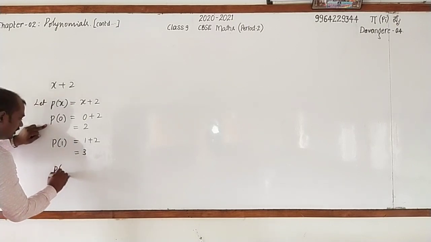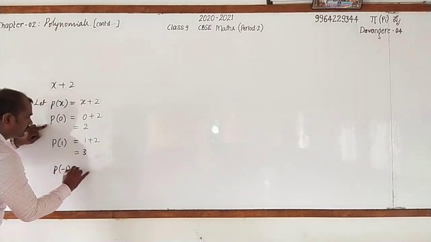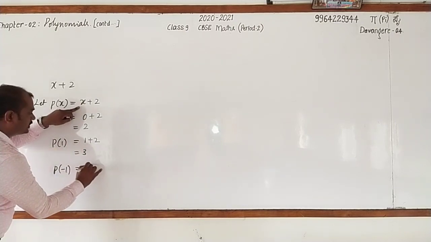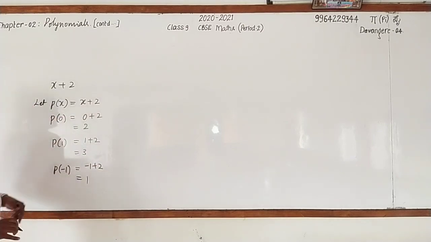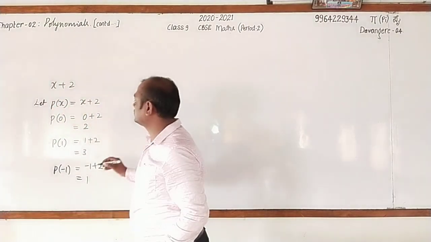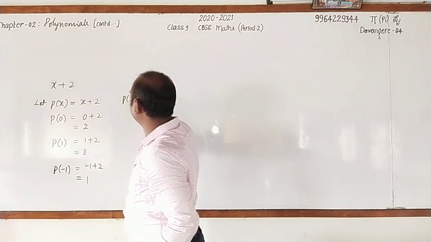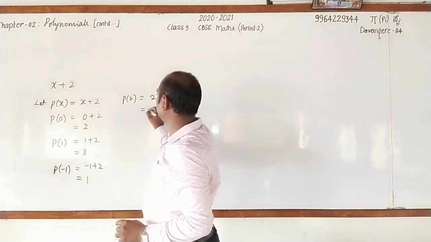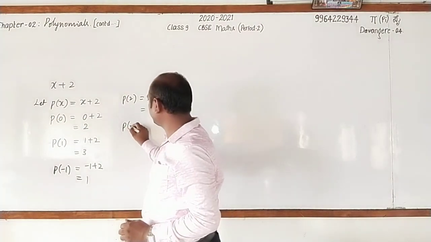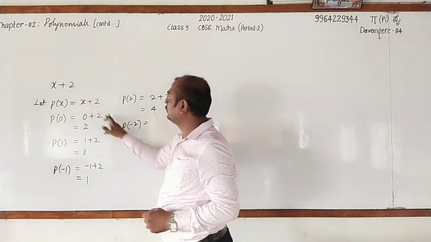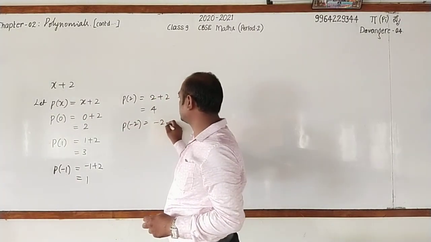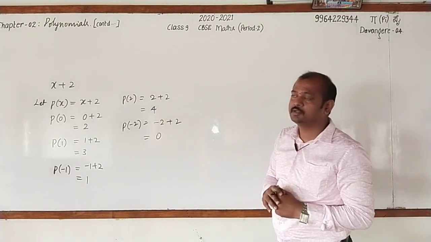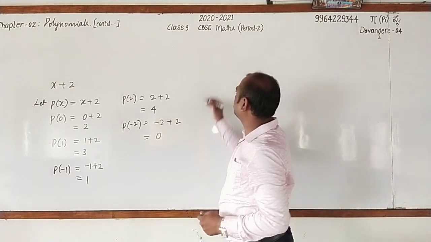Next, I take minus 1, it is minus 1 plus 2, it is plus 1. Similarly, let us take p of 2, in place of x, I am substituting 2. 2 plus 2, it is 4. Let us go for taking minus 2. When you substitute minus 2 in place of x, minus 2 plus 2, how much is it? 0. Right?